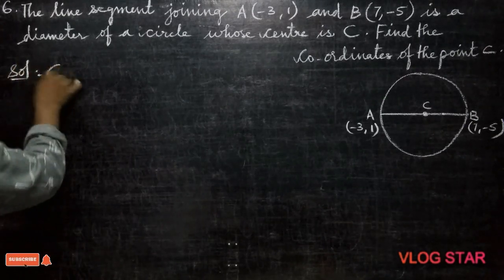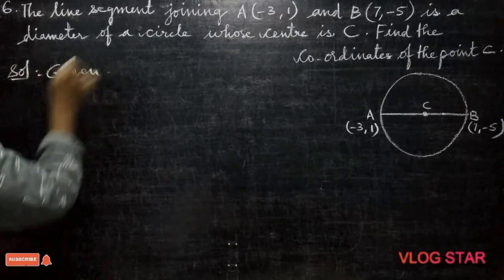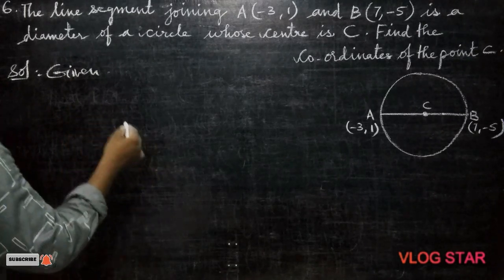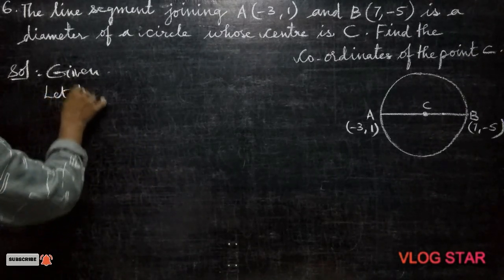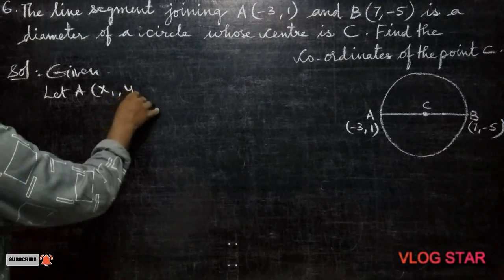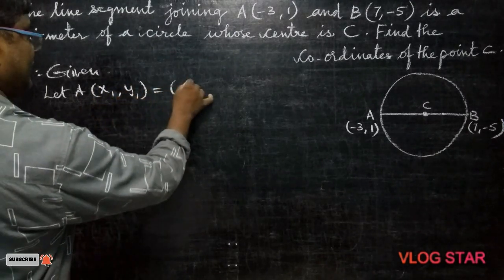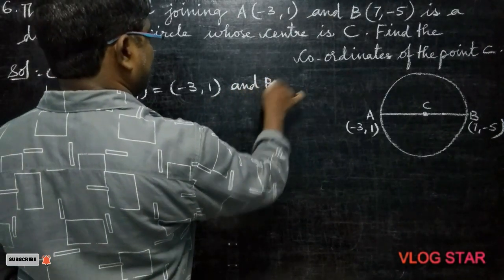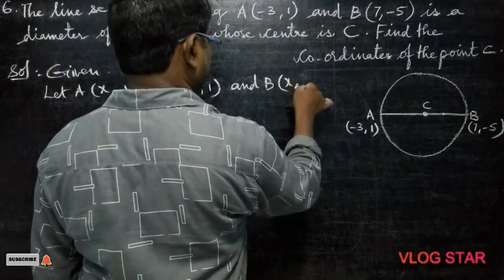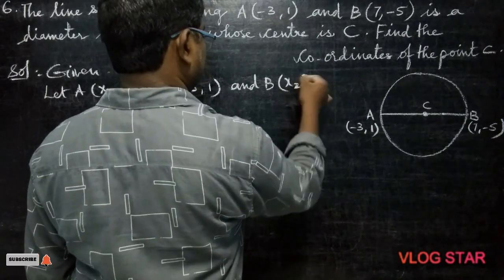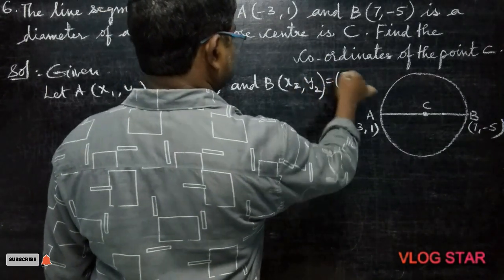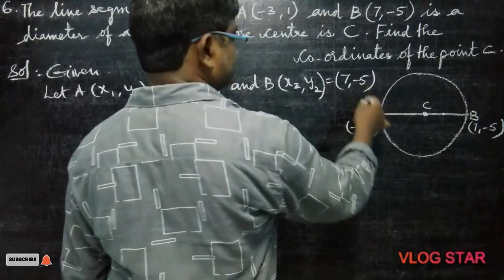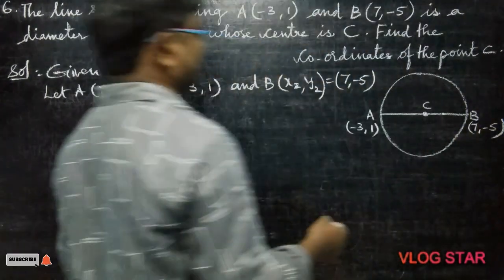Solution given. The line segment AB. Let A(x1, y1) be (-3, 1) and B(x2, y2) be (7, -5).